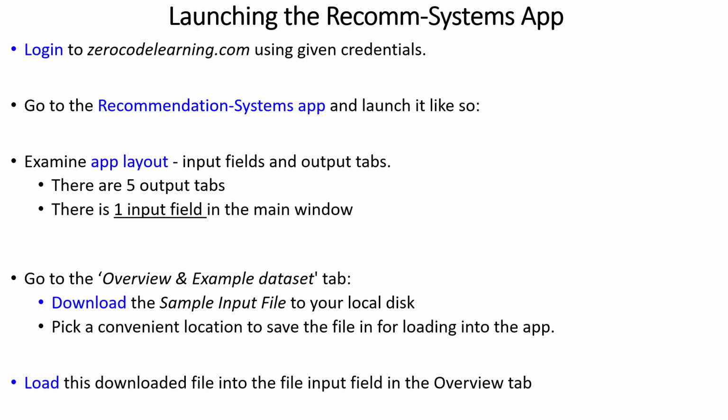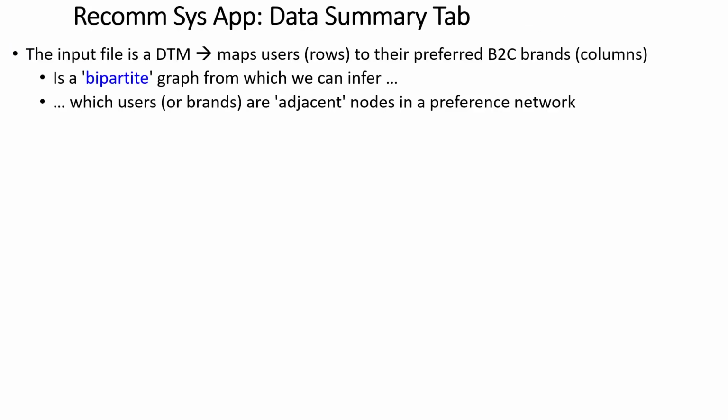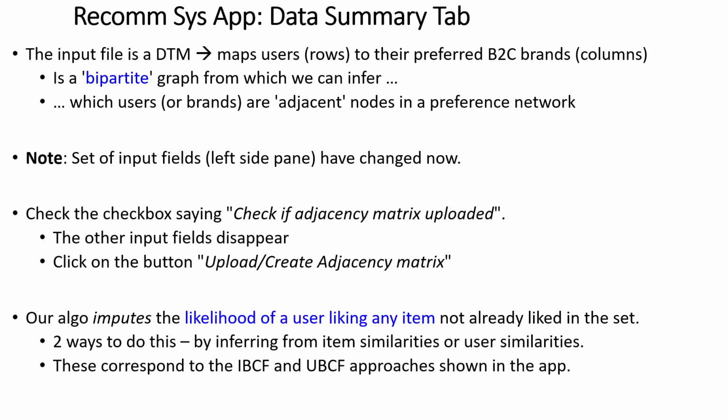So this was the data summary tab. Remember, the input file is a DTM, document token matrix. This is coming from the basic TechStan app, which is also present in this channel. The document token matrix is a bipartite graph. The documents are the users, the tokens are the brands. Why is it important for us?